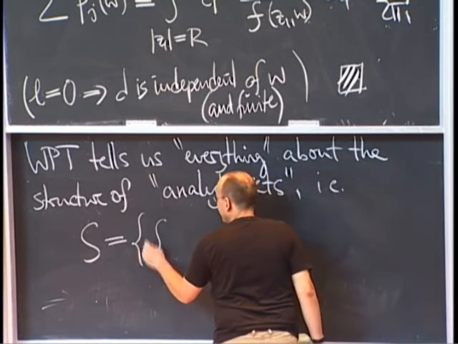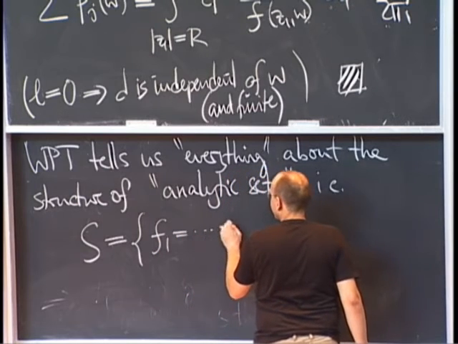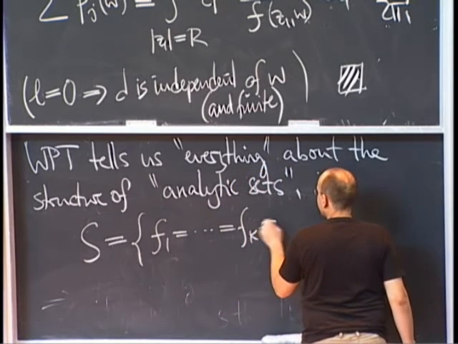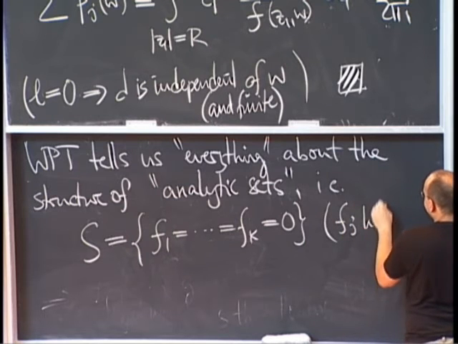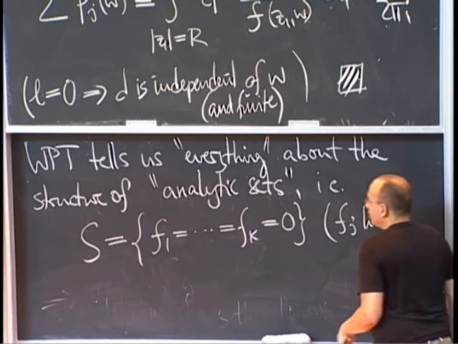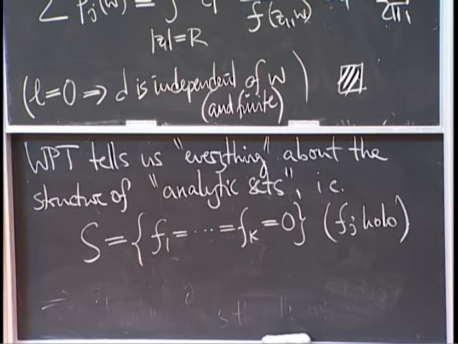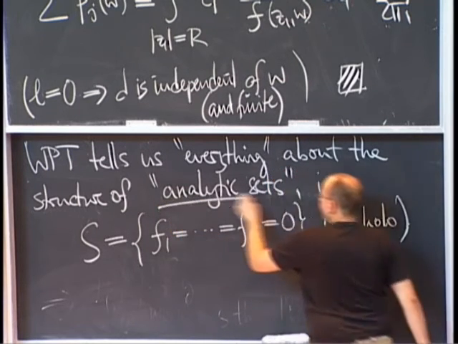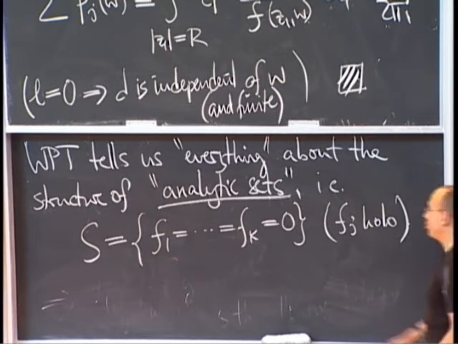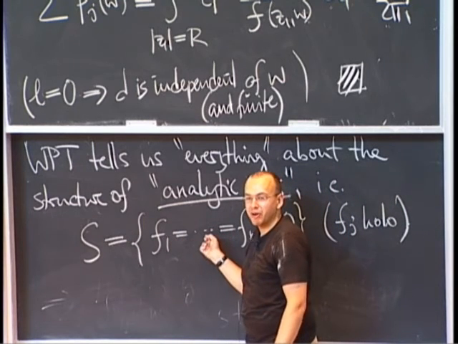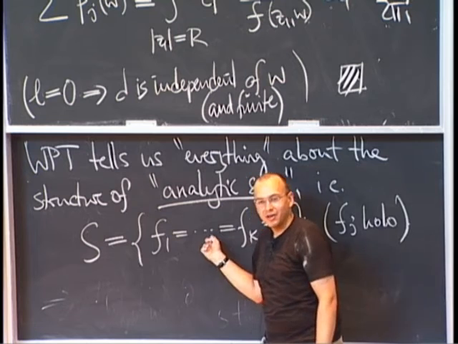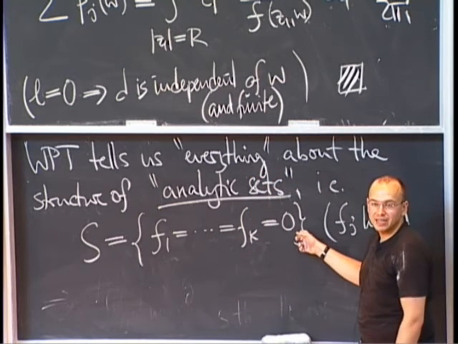So f1 equals ... equals fk equals 0 for all fj holomorphic. Imposing conditions is a natural thing to do, and holomorphic functions come up everywhere. So that's a very natural class of sets to consider. And Weierstrass tells us a lot about these sets.